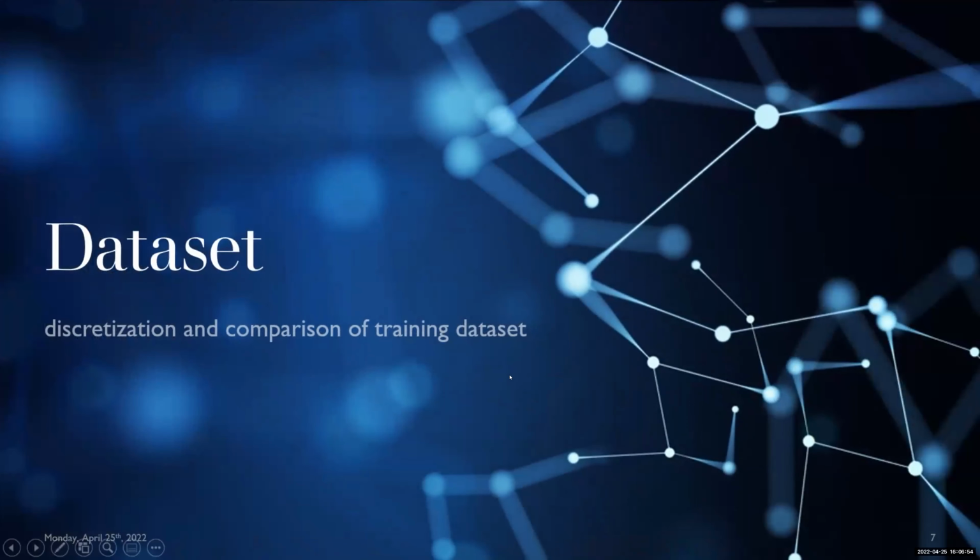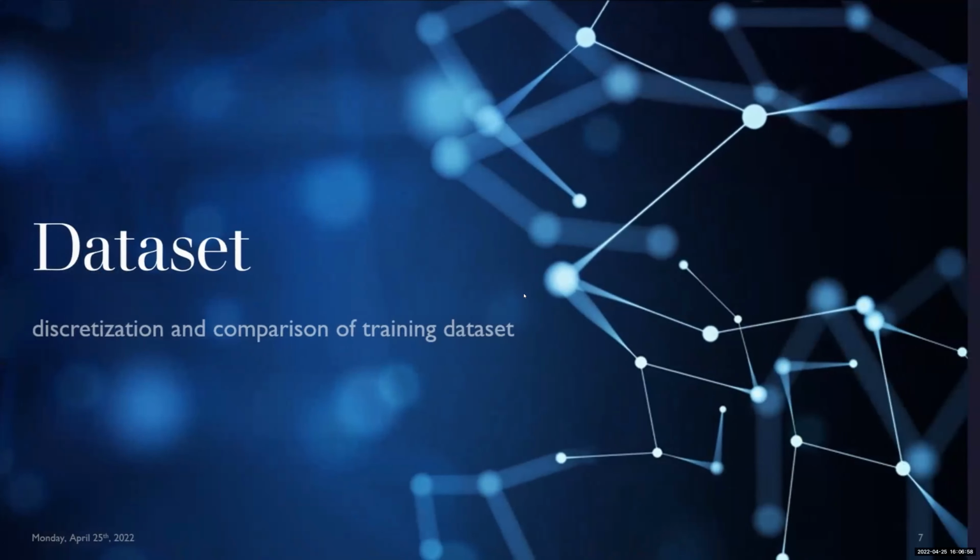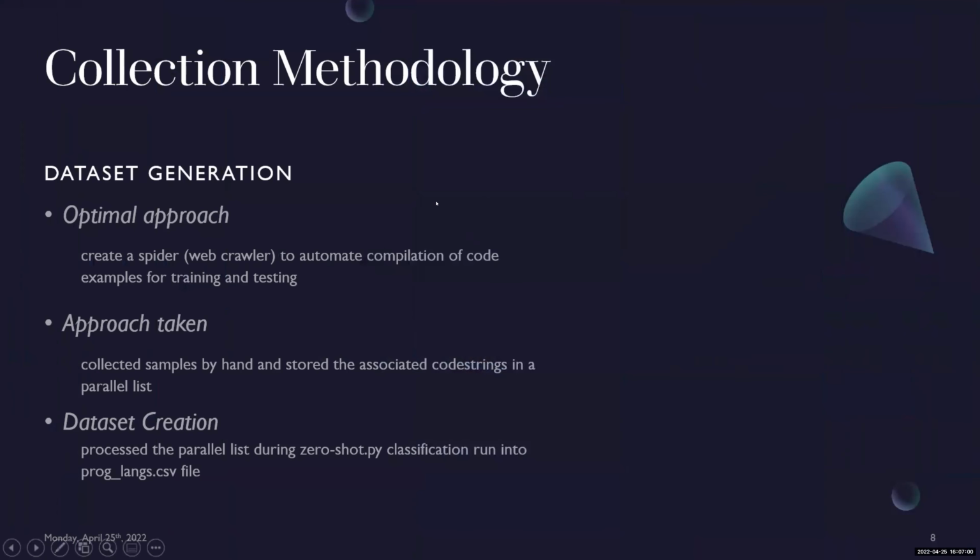And so the description and comparison of the training data set that I made, my collection methodology. My optimal approach was I wanted to make a spider and have it crawl through W3 schools and some other sites, but that was basically a whole project itself. So I gave up so that I could get this part done.